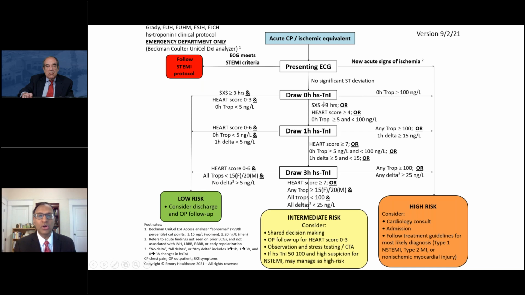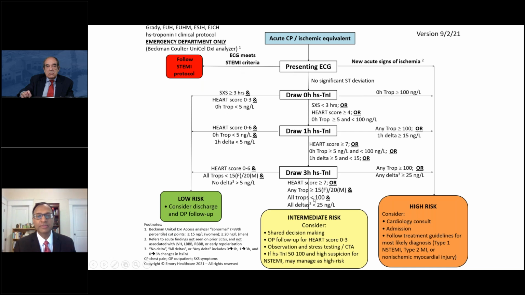So we use all of these things to determine whether a patient is deemed low risk and safe for early outpatient follow-up, high risk where they need to be admitted, or intermediate risk where they need to be in a CDU.